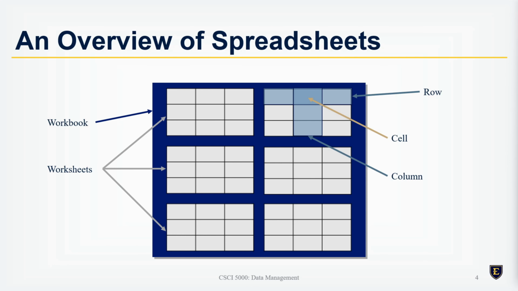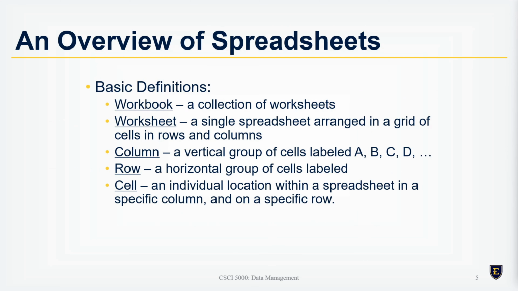So that's the pictorial representation, but let's look at this in text. A workbook is a collection of worksheets. A worksheet is a single spreadsheet that is arranged in a grid of cells in rows and columns. A column is a vertical group of cells, and in Excel they are labeled using alphabetical characters: A, B, C, D, and so forth.